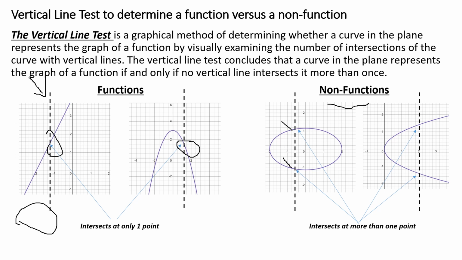And it's crossing, that vertical line, here as well as here. So this is not a function. Equations, yes, but neither this oval nor this sideways parabola are functions because the vertical line test says they cross at more than one point.